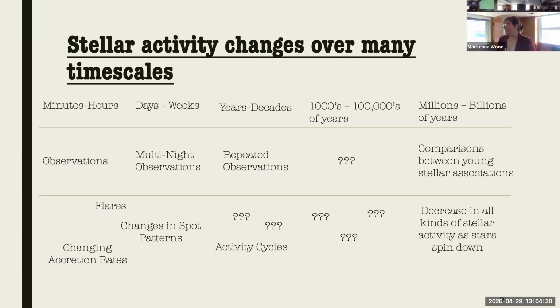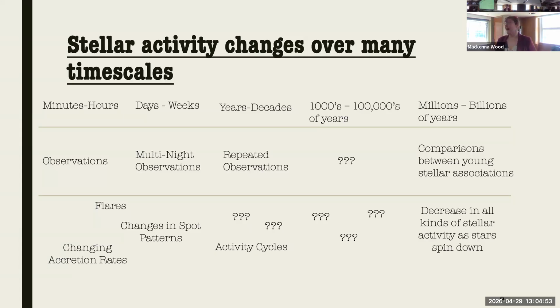And in that other column, the thousands to hundreds of thousands of years, I don't know of any way to look at stars over that time frame. That's longer than modern astronomy, and it's also much shorter than the precision of our age measurements. So that column is mostly question marks.